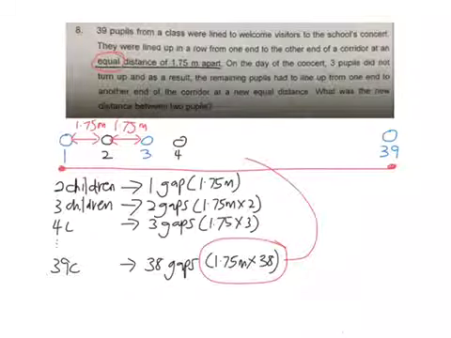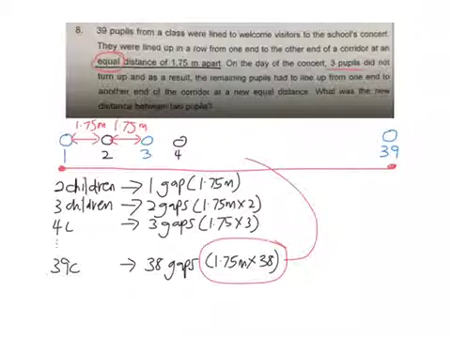The distance is the gap, 38 gap spaces. Okay? Now the second bit of the question. On the day of the concert, 3 pupils did not turn up. So how many pupils turned up in the end? If 3 pupils didn't turn up, they ended up with only 36.